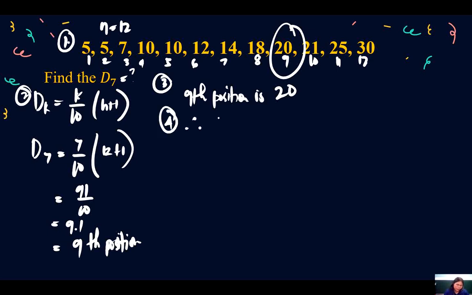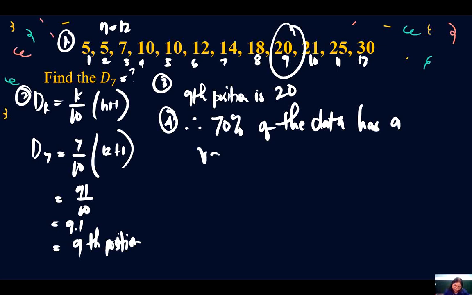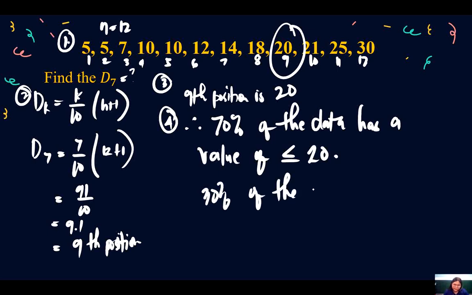Okay, so our interpretation. Therefore, since we're looking for the 7th decile, 70% of the data has a value of less than or equal to 20. Okay, in the opposite, 30% of the data has a value of greater than 20.